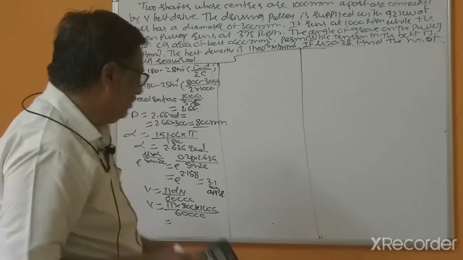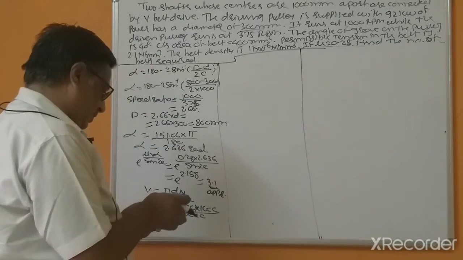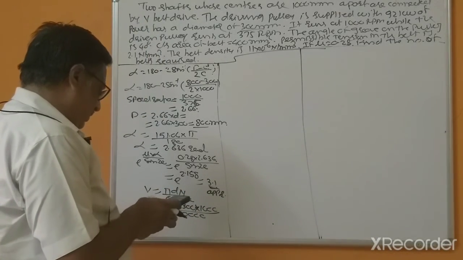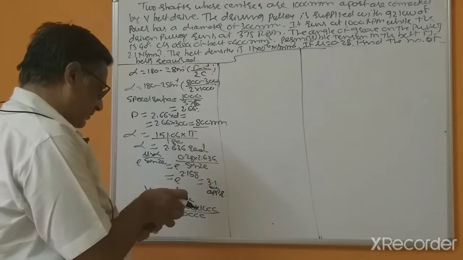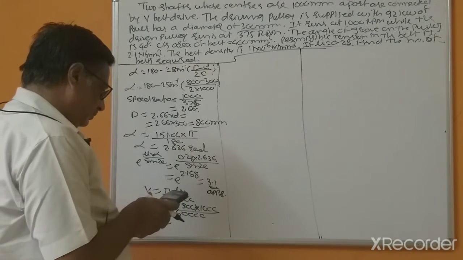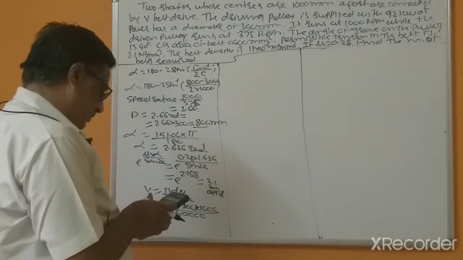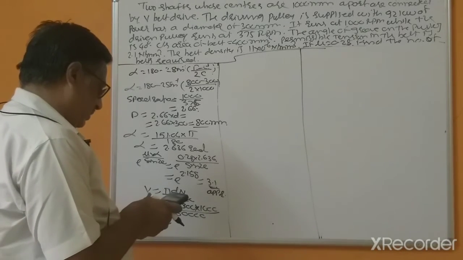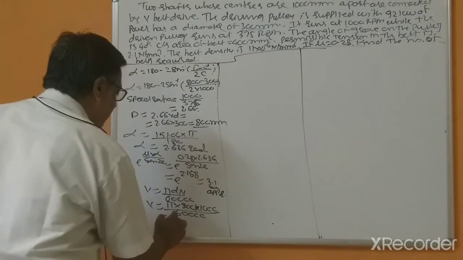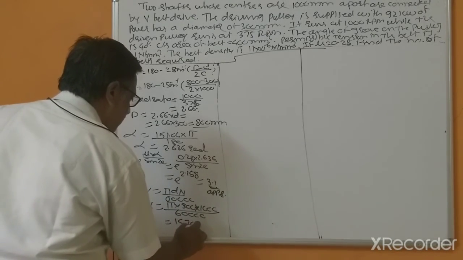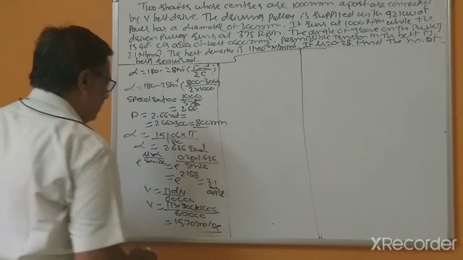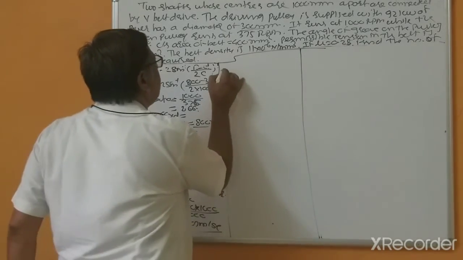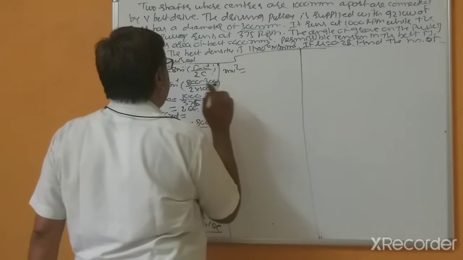Because my calculator settings are disturbed, I don't know what the reason is. This is equal to 15.700 meter per second.